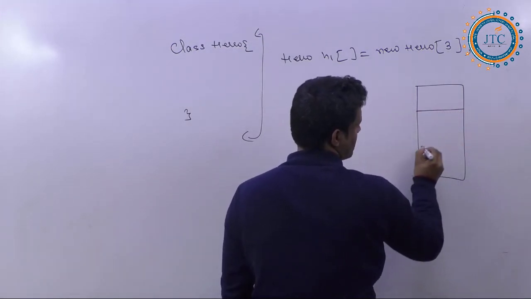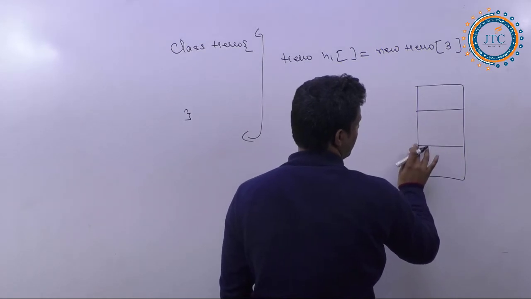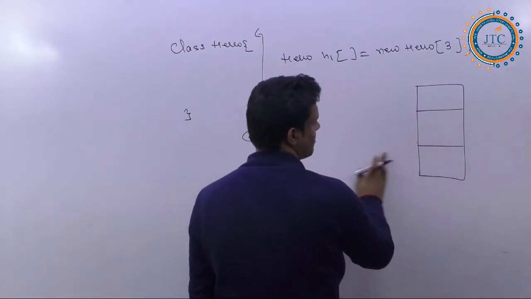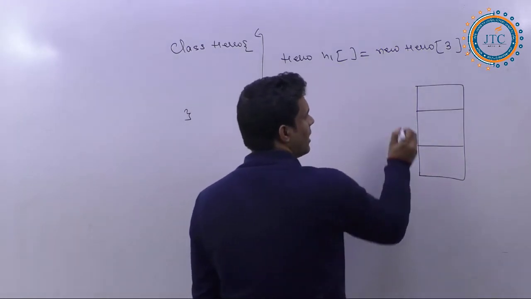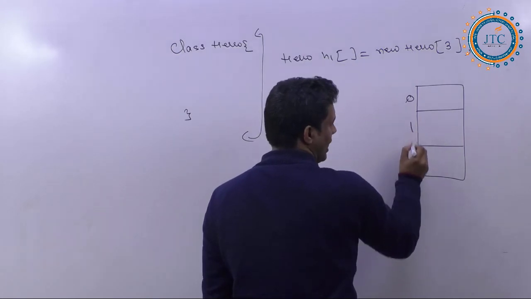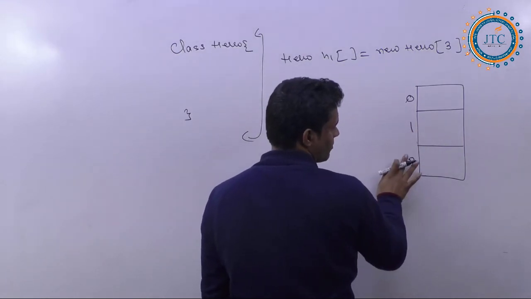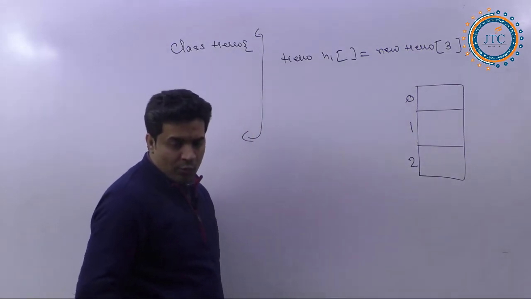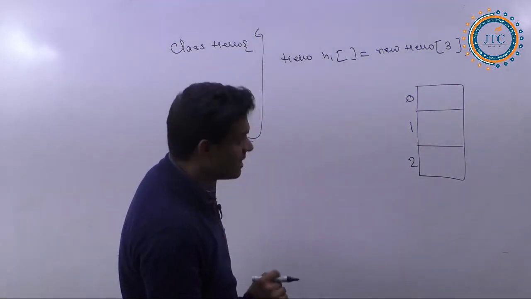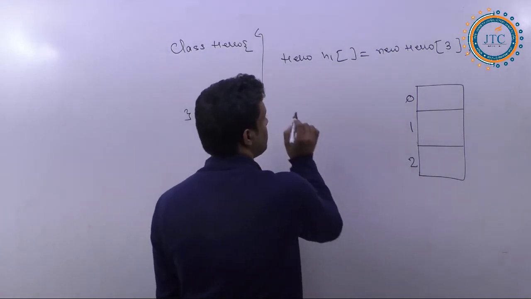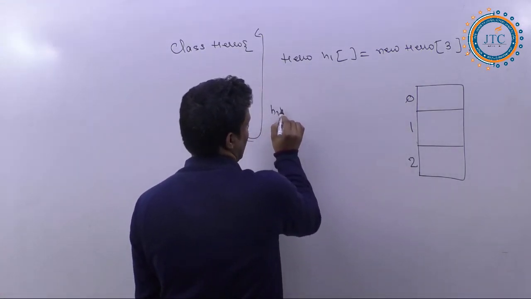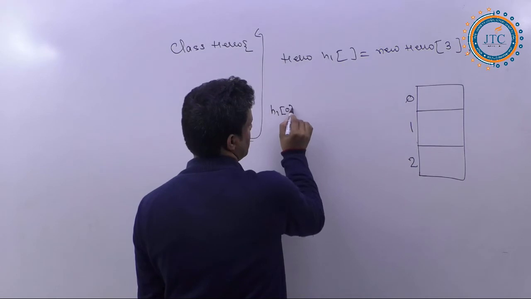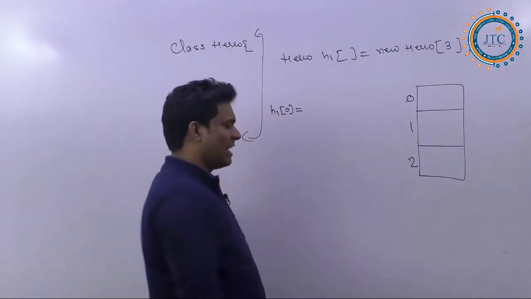This is the particular way the positions are written here: 0, 1 and 2. This is the index position of the corresponding array. When in this array we are representing something, see here, h1 of 0.